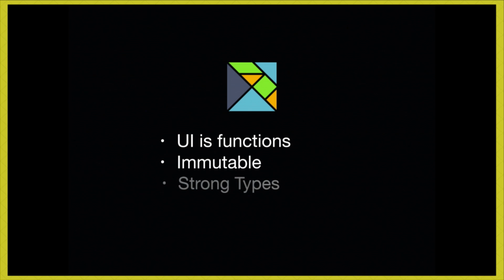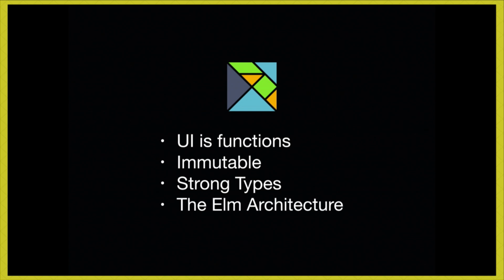Strong types, like we talked about. The Elm compiler is going to make sure that if you say, I want a number, you're always going to get a number. And it will verify that throughout your whole program, throughout any third-party code that you're using. And finally, there's a thing called the Elm Architecture, which is the part of Elm that Redux was inspired by. And we'll talk about that more later.